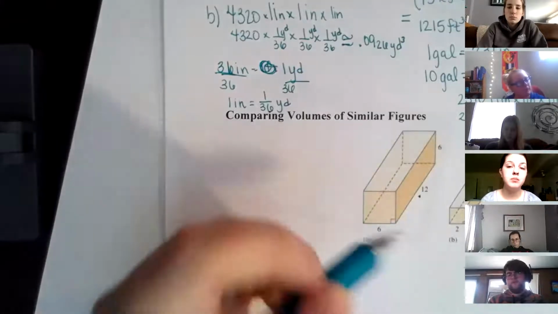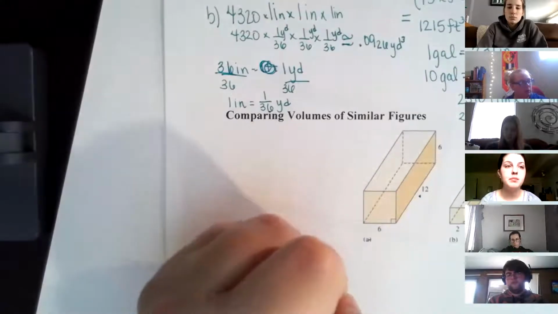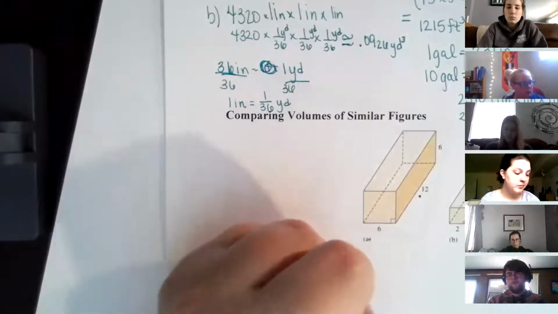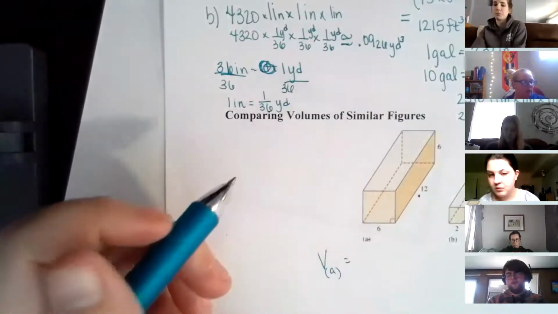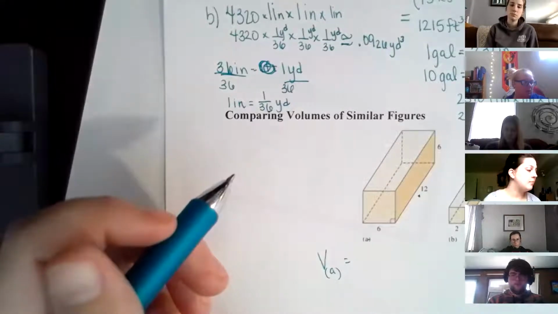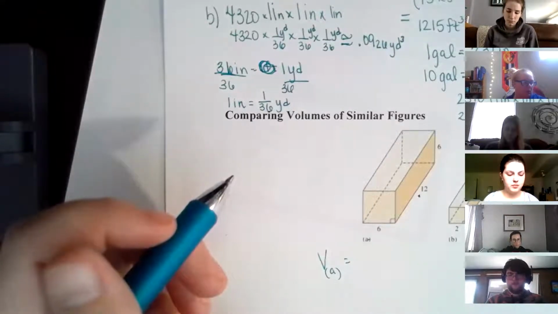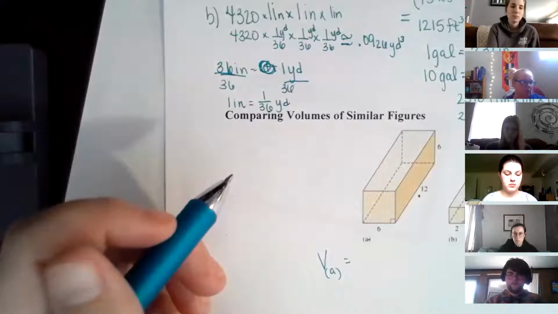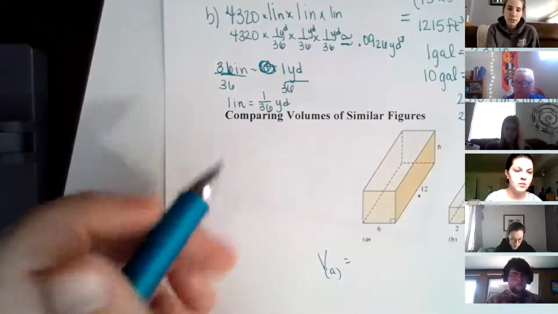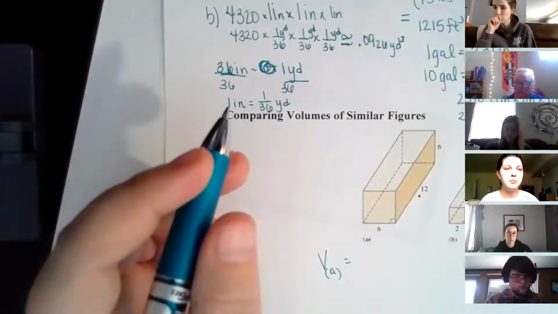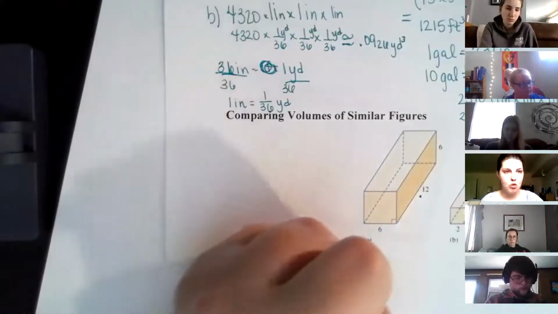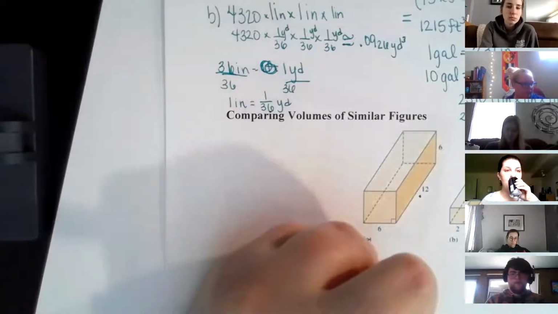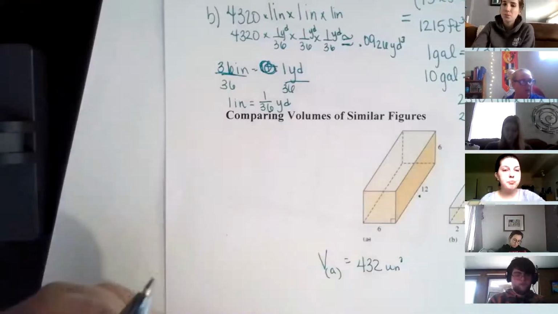Now, if I look at the volume of A, what is the volume of A? 432 cubic units, right?